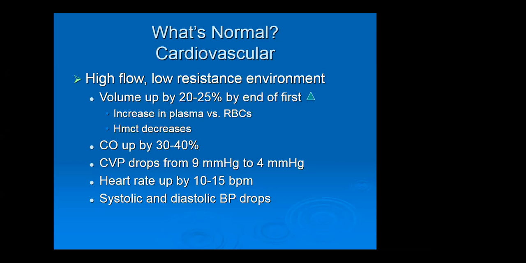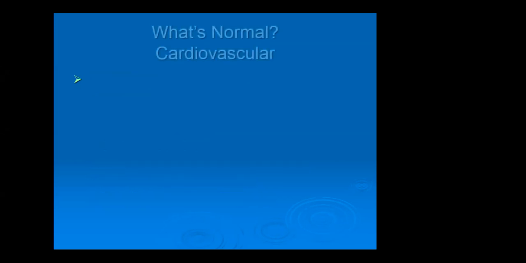If their heart rate is higher, we have to keep in mind that may not be a sign of hypovolemic shock that they're trying to compensate. That may be a normal finding depending on what range it's in. So, kind of like the labs, there's a little bit of difference you would expect in their heart rate, and as well in the systolic and diastolic blood pressures, which are a little bit lower.